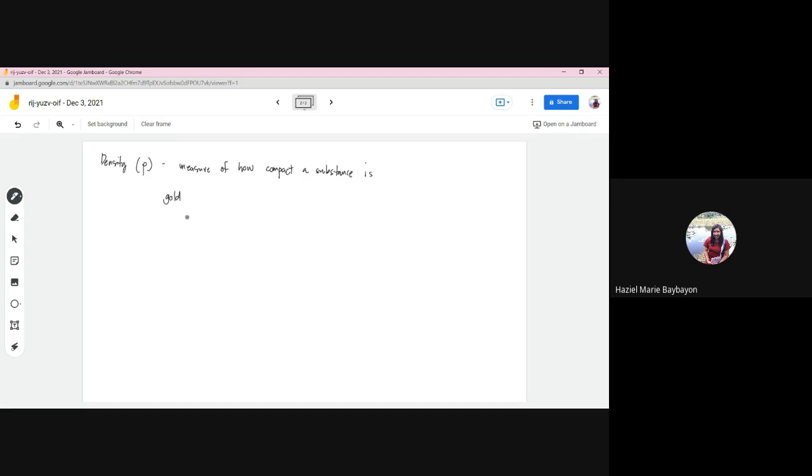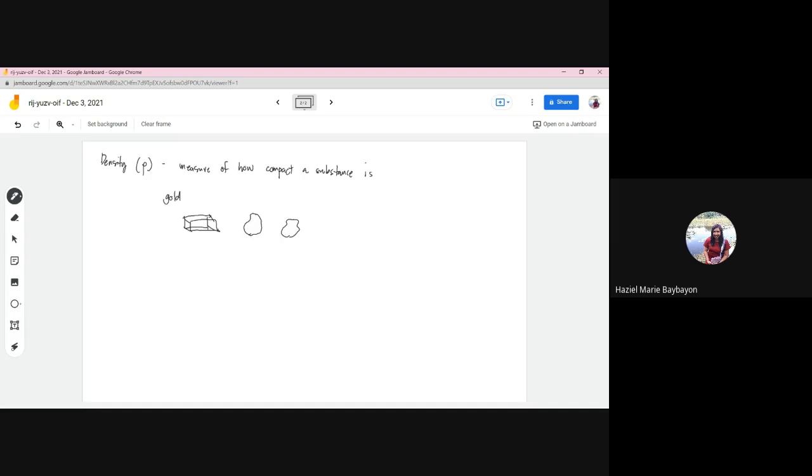If you have pure gold, regardless of shape and size, so say for example, you have a rectangular bar of gold, or you have irregularly shaped gold, or bisag naka bracelet na siya nga gold, basta pure lang ni siya nga gold class, any form of gold has constant or the same density. So any of these three forms of gold, basta pure lang, parehas lang density. Okay, so it is an innate property of a material.